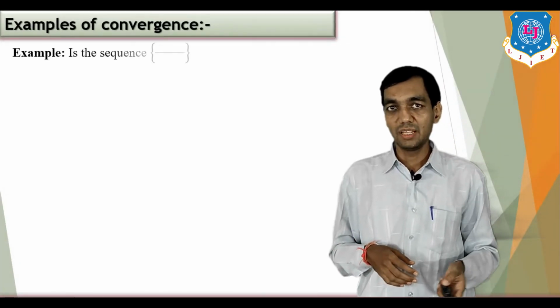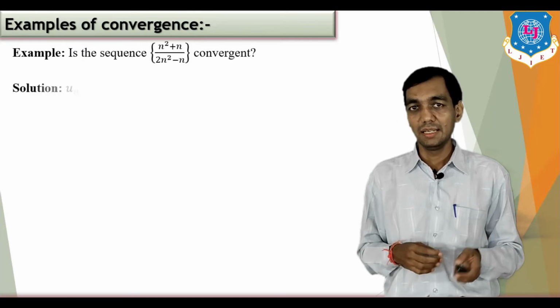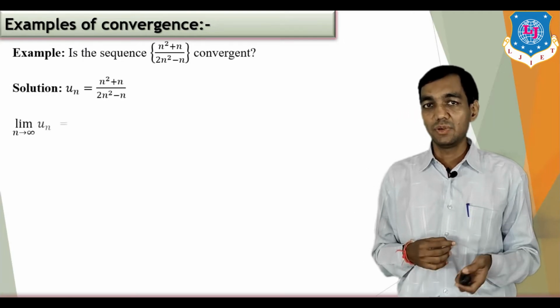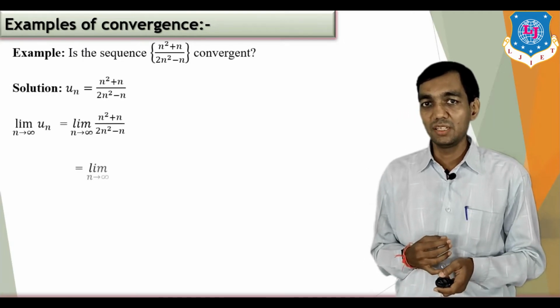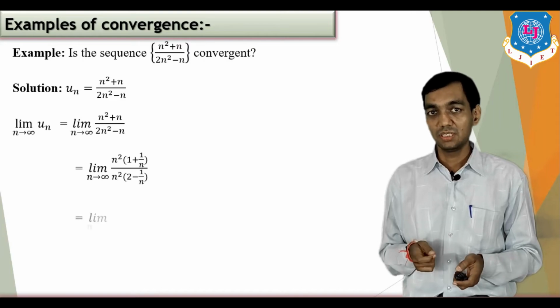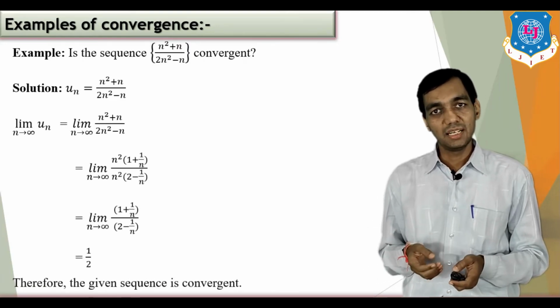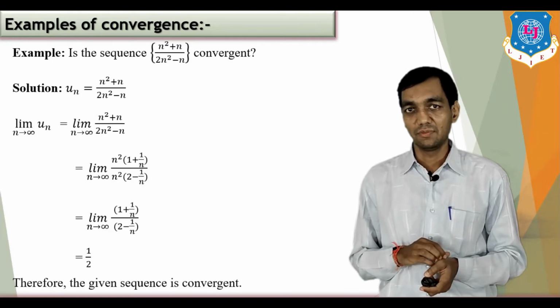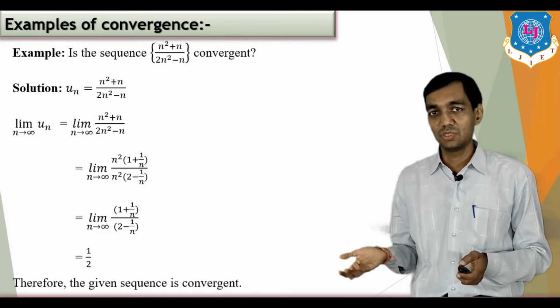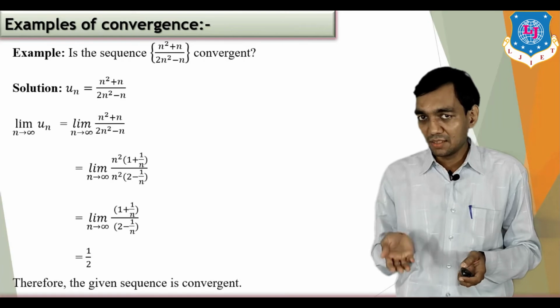In the same manner, another example we are going to see is whether the sequence n square plus n divided by 2n square minus n is convergent. Here u_n is n square plus n divided by 2n square minus n. Again applying the same process, we apply the limit to the nth term.